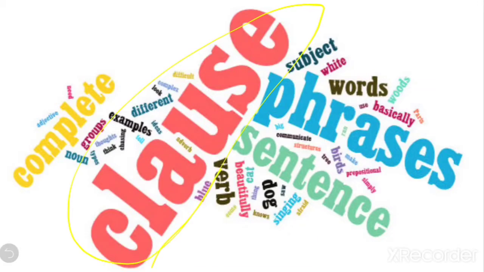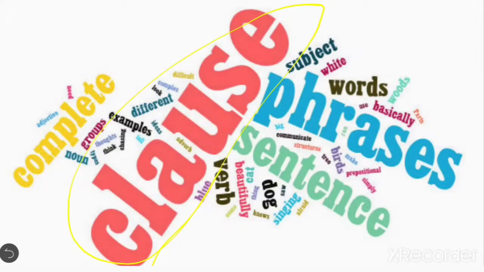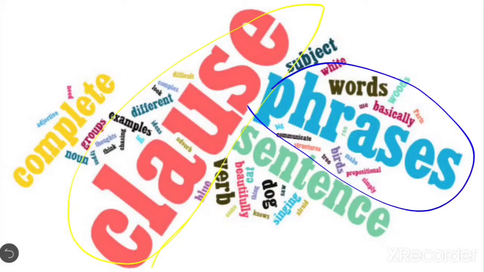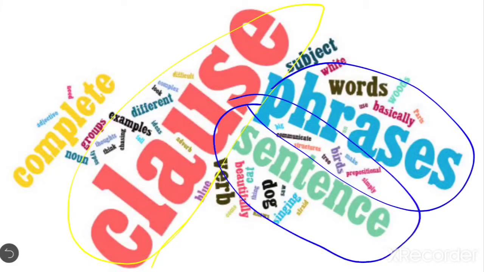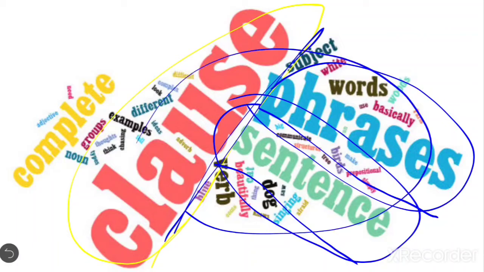Now look here. What are clauses? What is a phrase? And what is a sentence? We'll learn in this chapter about clauses, phrases, and sentences, and we'll get the differences among all of these.